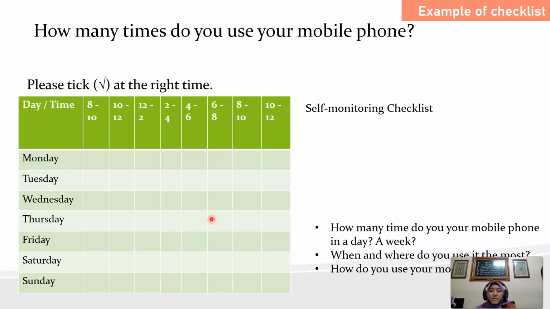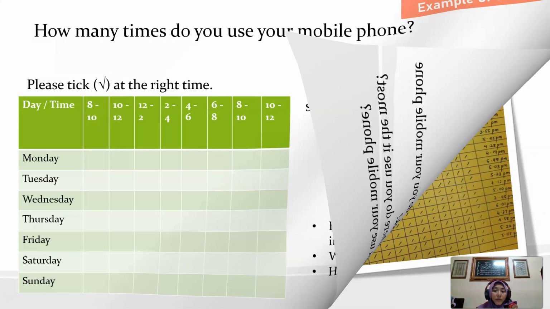And then this is an example of a checklist to monitor the usage of mobile phone. You also use the checklist, you normally just tick or cross. So this we call the self-monitoring checklist.